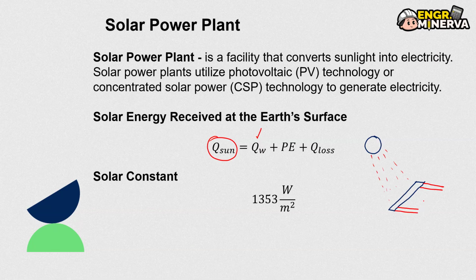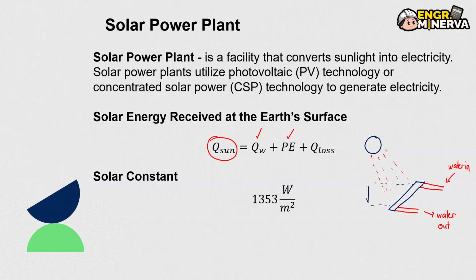This would be our water going in, and this is your water going out. Plus the potential energy of the water. That is because there is a change in height in our flatbed collector.